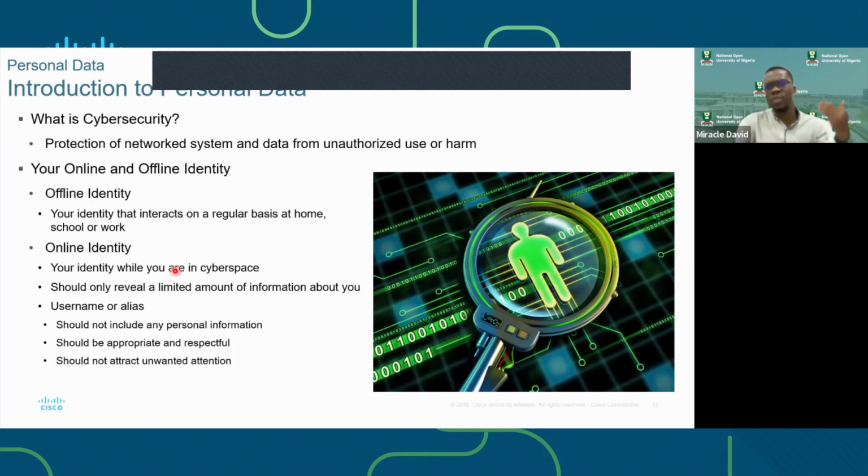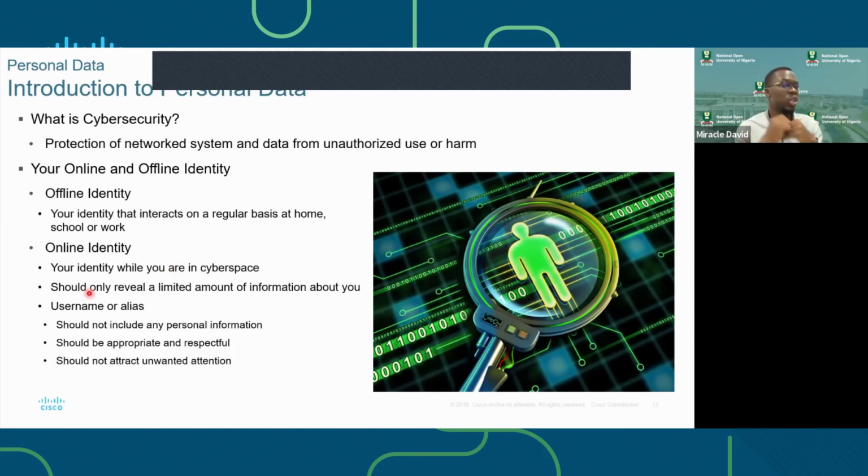Most of us use Facebook, whether it's your Instagram, your Twitter account, whatever accounts that you have, your social media accounts in general, what you put online, things about yourself and all that. That's your online identity.